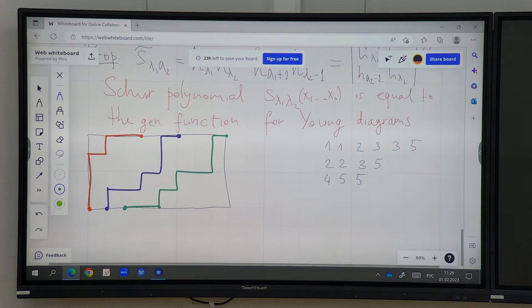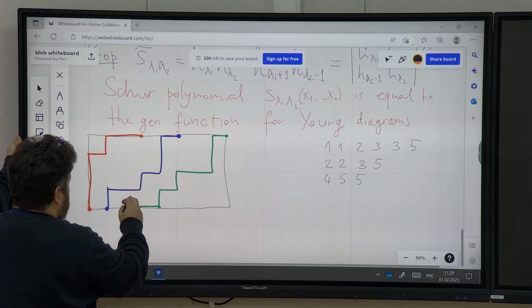Instead, I'd rather do the following thing. Well, maybe let me just replace this path by something with crossings.